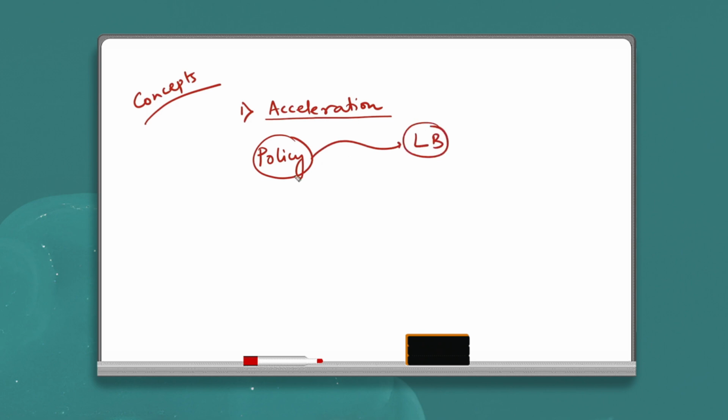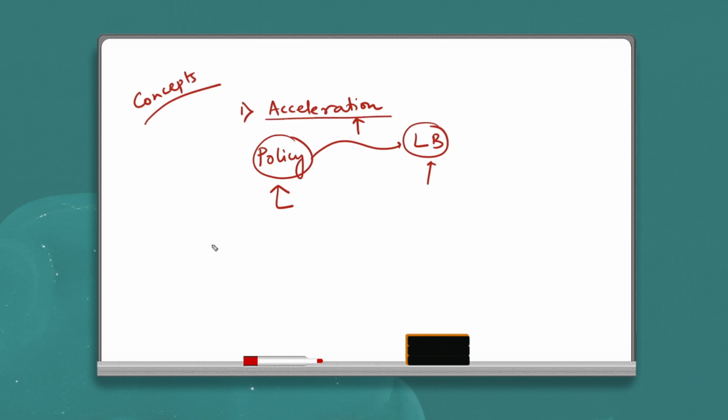We bind this policy to the load balancer through this acceleration. So when we attach an acceleration to a web application acceleration policy, we are assigning a load balancer to that policy, and whatever we defined in this policy, whether we would like to use compression or caching, will ultimately be applied to the load balancer's operation. So that is your acceleration.